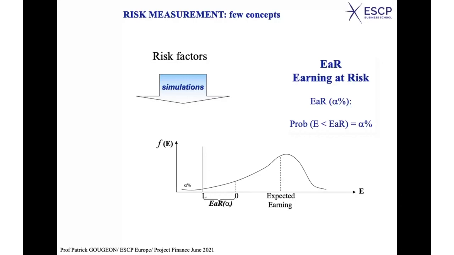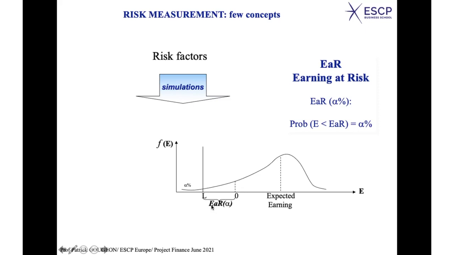So you have a probability distribution with 0 somewhere, meaning that if you are on the left side of 0, you are in a loss area. You have a negative return, or a negative income. And this can be obtained from simulations, as we said. So, what is the expected earning at risk? Well, the definition is very similar.